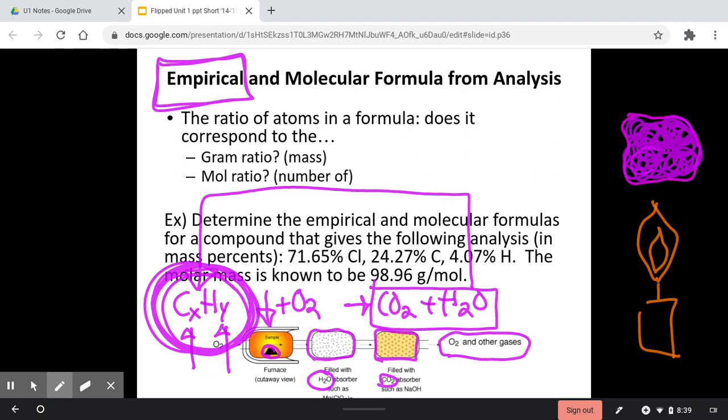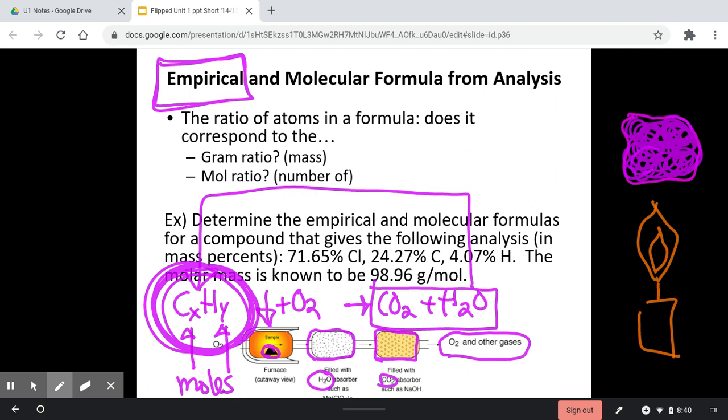Now, if we know that your compound originally had carbon and hydrogen in it, then all you're actually looking for are the subscripts. And now here's where you think to yourself, what unit are those subscripts in? Are those subscripts mass? Are they volume? Are they moles? What are those things? And they're moles.